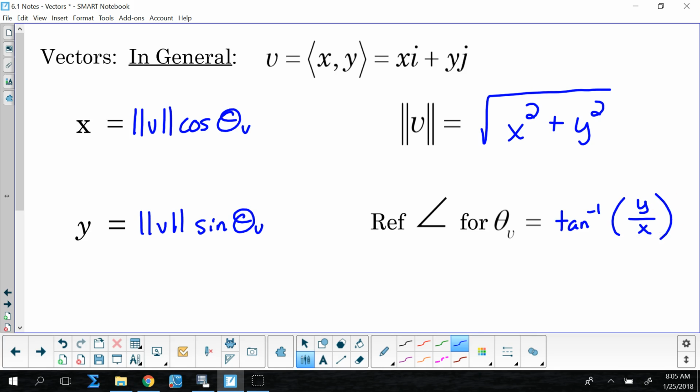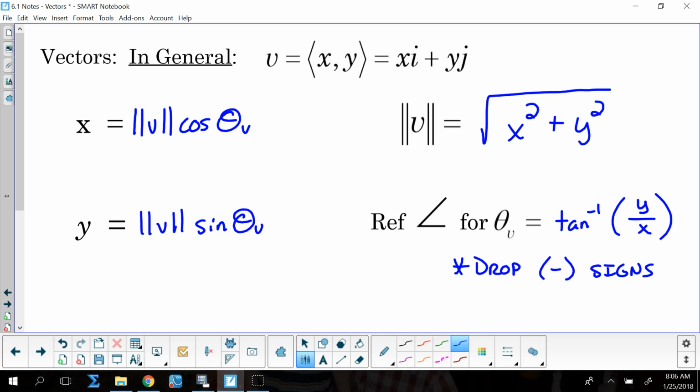But what did we do with those? We dropped all negative signs. If they're both negative, it doesn't matter. You don't have to drop them both. But if one is positive and one is negative, then you've got to drop the negative.